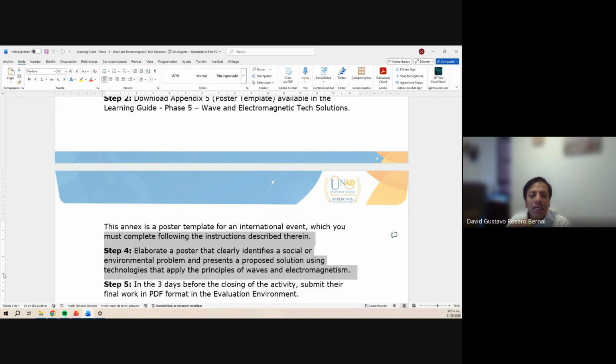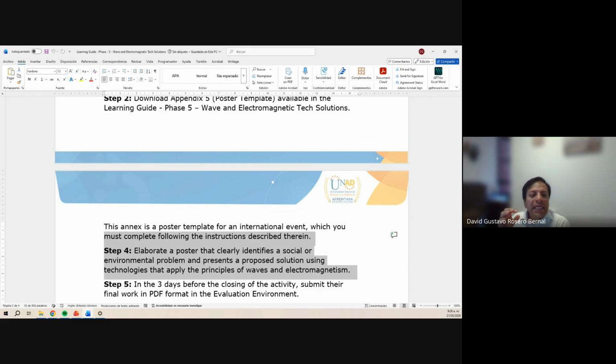There are 3 elements. Number 1, a poster, not a slide, not a report, not a presentation with multiple slides. It's a single poster in IEEE format suitable for an international scientific event.